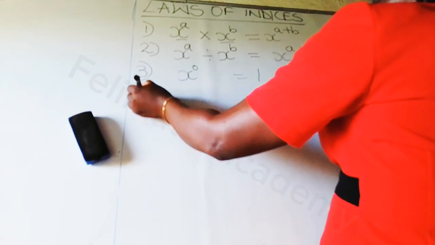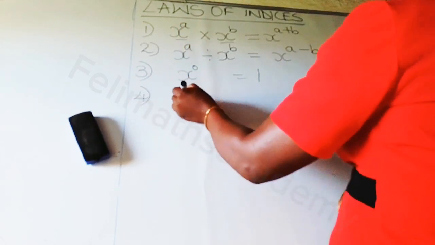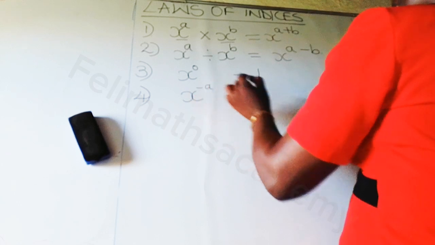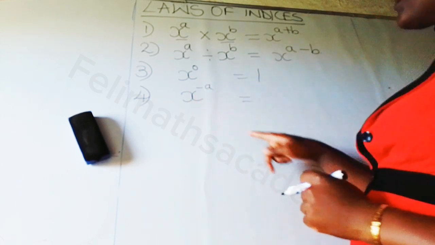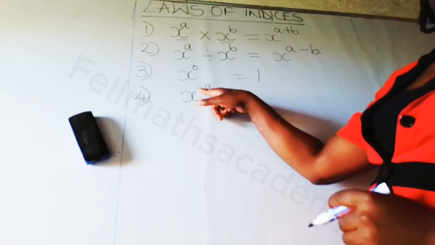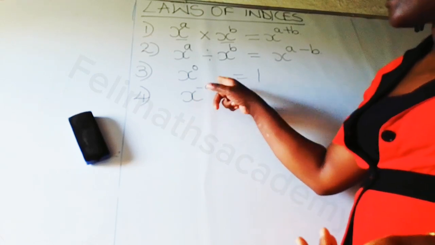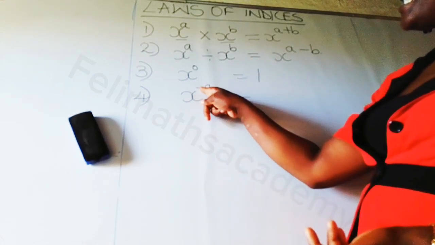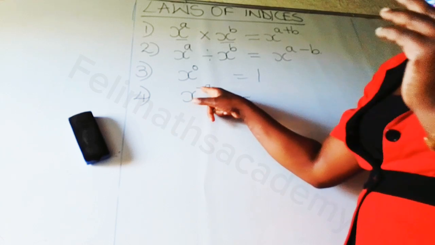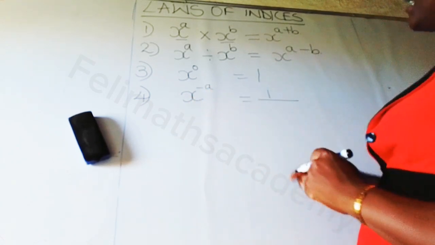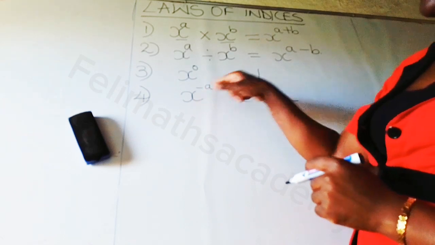Then the fourth law, x to the power negative a is equal to this negative. Most of us call it an inverse of x to the power a. This negative just means we have to invert this x to the power a.